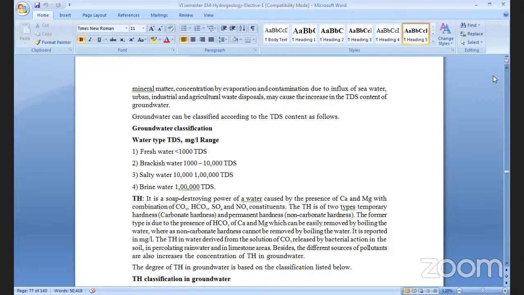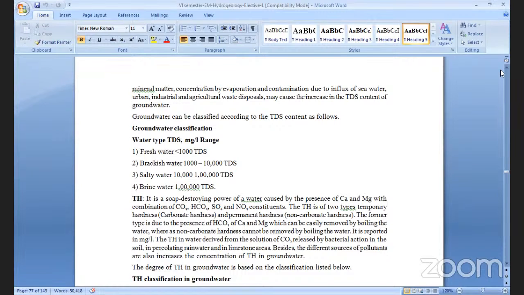And total hardness. Total hardness is the soap-destroying power of water. It is caused by calcium and magnesium, sometimes in combination with carbonates, bicarbonates, sulfates, and nitrates also. Hardness is of two types, temporary hardness and permanent hardness. Temporary hardness we can remove.